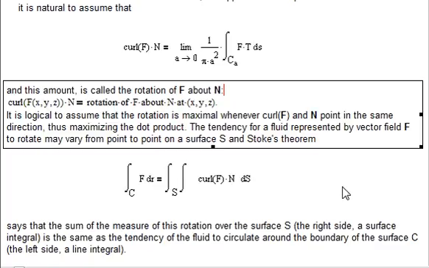So in other words, the measure of the rotation over the surface S is the same as the tendency of the fluid to circulate around the boundary of the surface, actually of the curve on the surface C, which is a line integral.